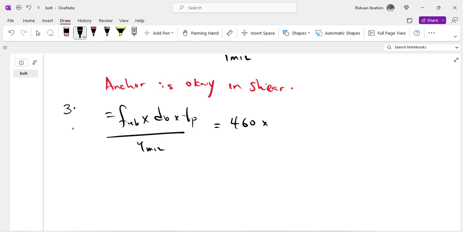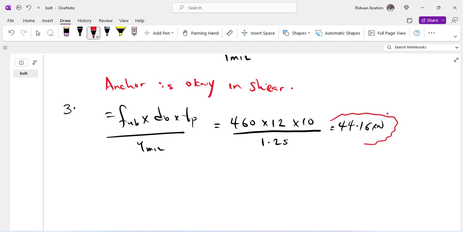And what is dB? dB is the diameter of your bolt, which is 12, and then TP is the thickness of your plates, which we also call the thinner ply. So that is 10, and then this one is 1.25, and we expect that to give you 44.16 kilonewton.